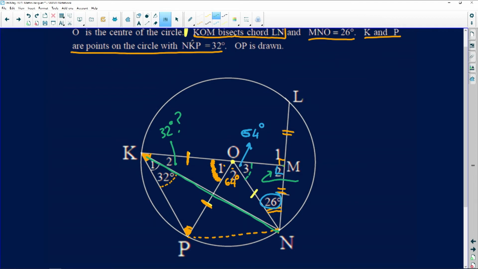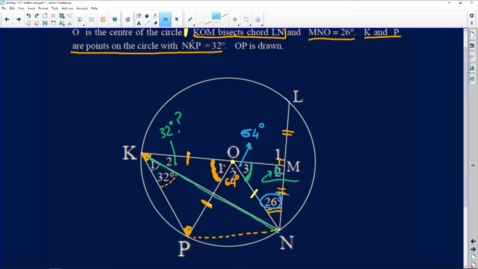Now this is nice and interesting. If we look very carefully here, we've got a 90-degree angle over there that we used to find the 64 with. So that became 64. These angles we still don't know, but if we can show that this full angle here is 64, then we've done our job.